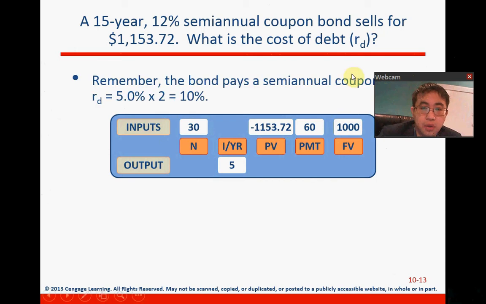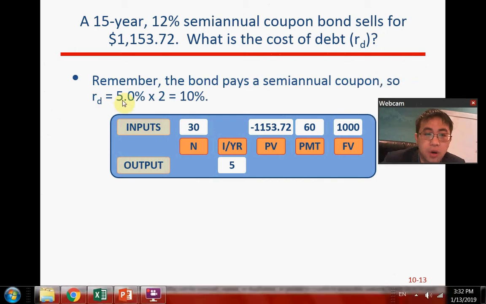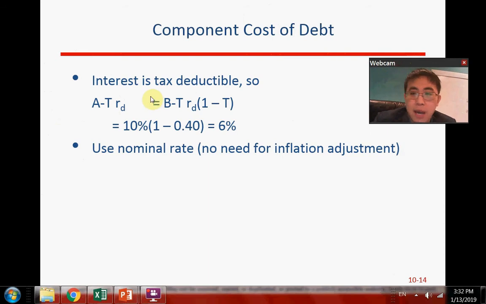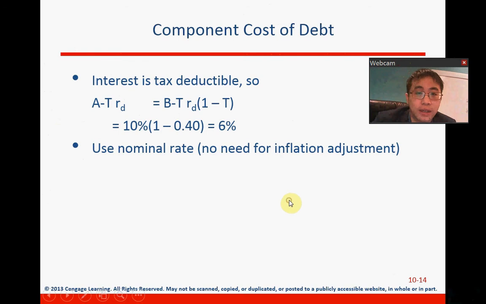The only thing you need to do here is pretty simple: you multiply 5% by 2. From the semi-annual rate, you get the annual rate of 10%. So that's the cost of debt. And remember, you have to do an after-tax adjustment here. You have to multiply by 1 minus the tax rate. With a 40% tax rate, 6% is your after-tax cost of debt.